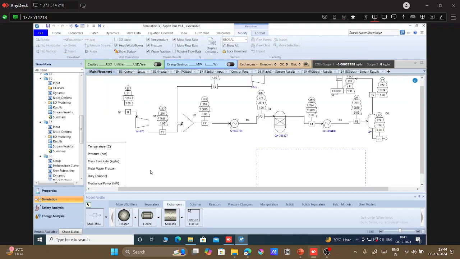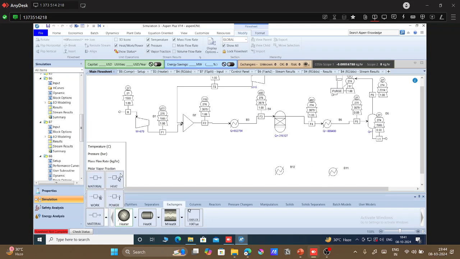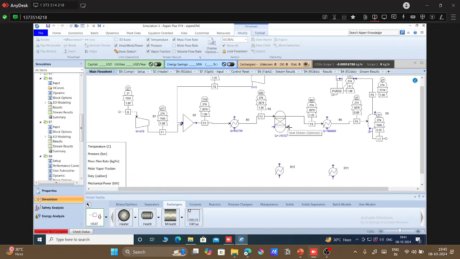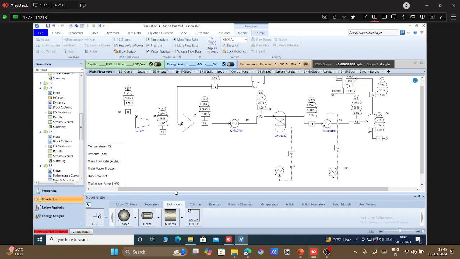Yeah, they are back. So we will add two exchangers, and we will share heat from the reactor to the exchanger as well as from the cooler to the exchanger. This shows that heat is being released and sent to exchanger 1 and 2 from the reactor and cooler respectively.